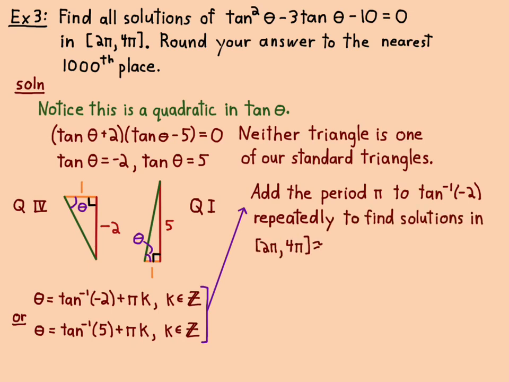To do that, you just add pi or subtract pi, as the case may be. In this case, I think it's adding pi to get it in between 2 pi and 4 pi. To know when I got there, I estimated 2 pi and 4 pi to 2 decimal places, because that's enough to tell me if my answers are in those intervals or not.